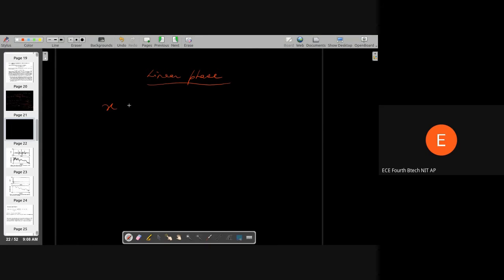Suppose x[n] is your signal, you have X(e^jω). Then x[n minus n0], let's put it x[m minus n], will be X(e^jω) e to the power minus j omega n.